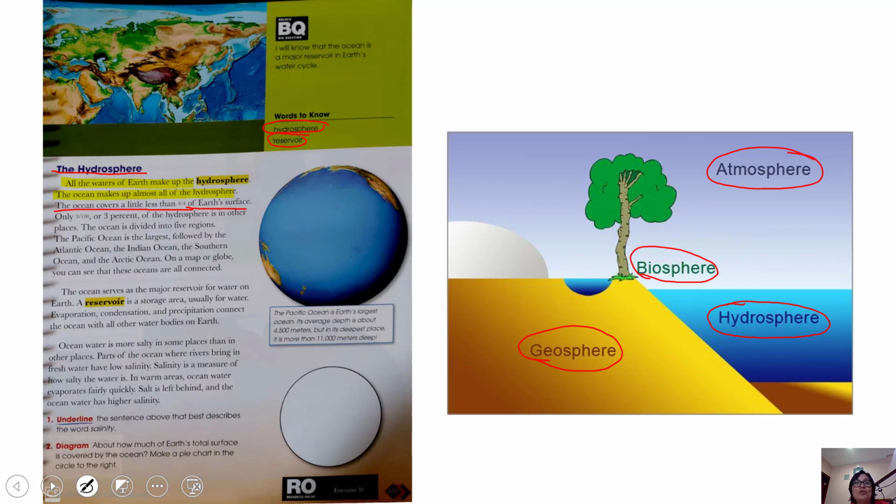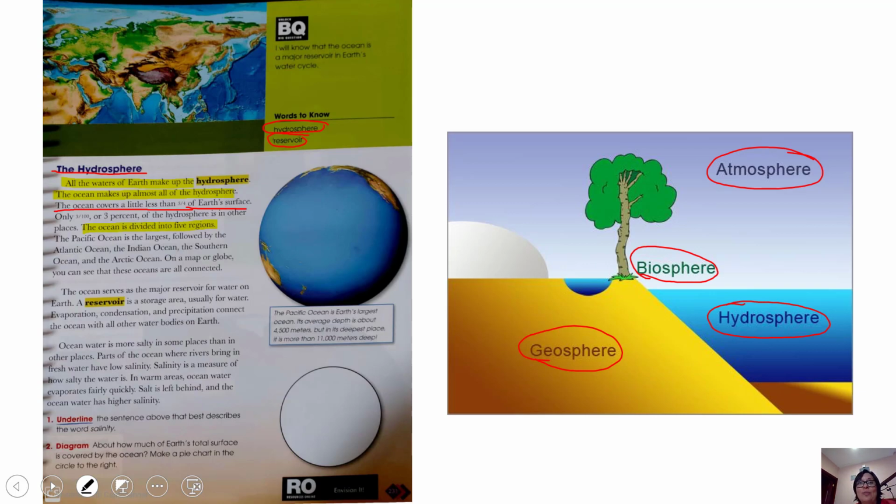But do you think we have only those 2 or do we have more? So let's continue reading, and I want you to underline what I'm going to underline right now. It says that the ocean is divided into 5 regions, okay? 5 regions. Which ones are they?